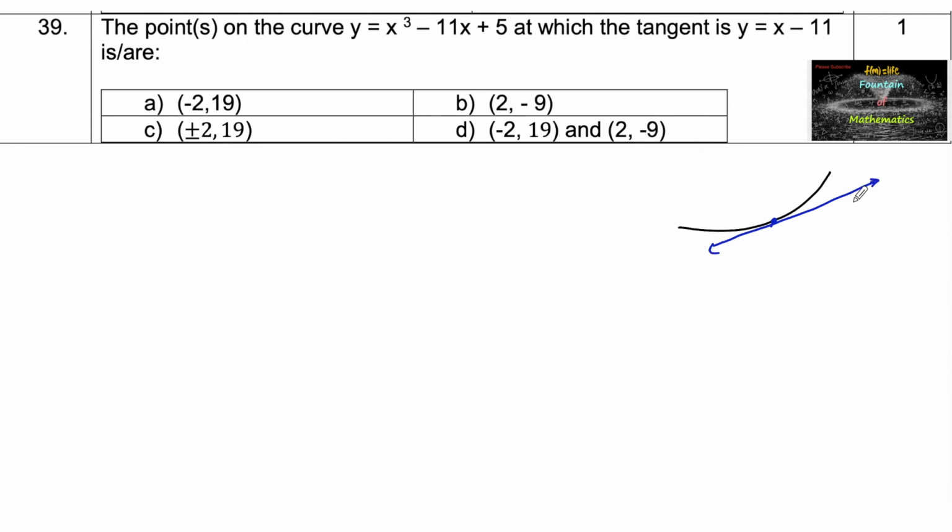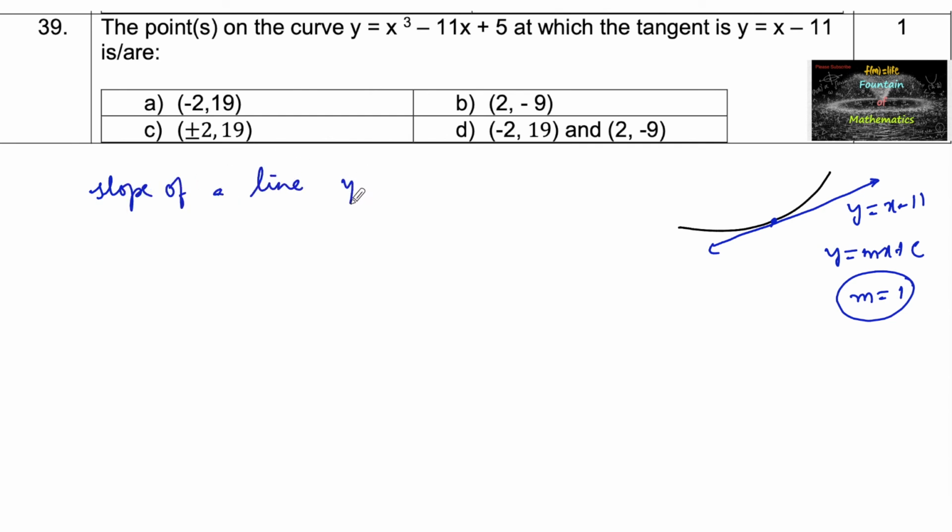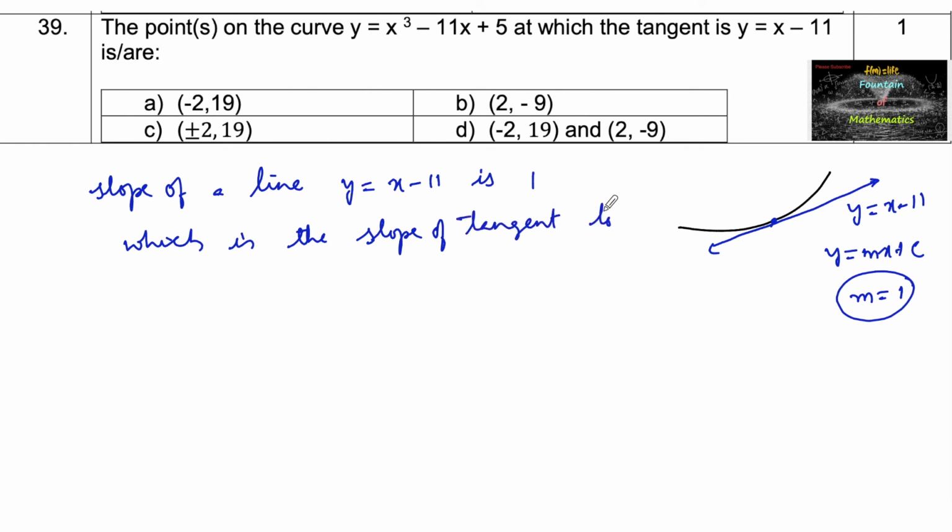Since we know that a tangent line is in the form y is equal to mx plus c, the slope of the line y is equal to x minus 11 is 1, which is the slope of the tangent to the curve y is equal to x power 3 minus 11x plus 5.